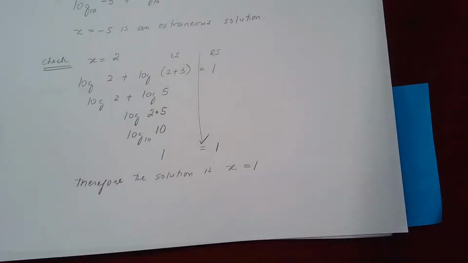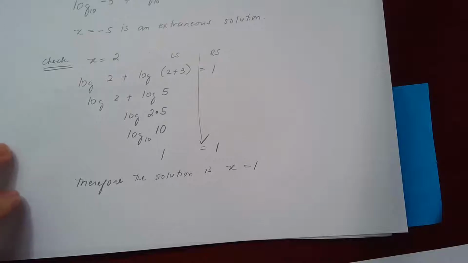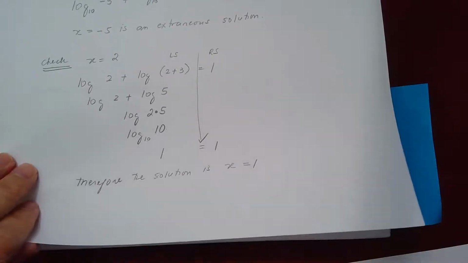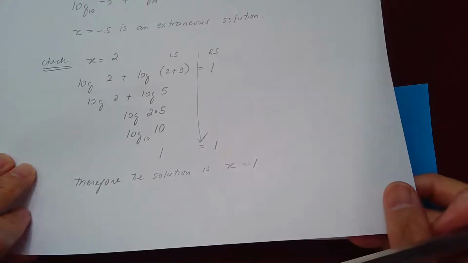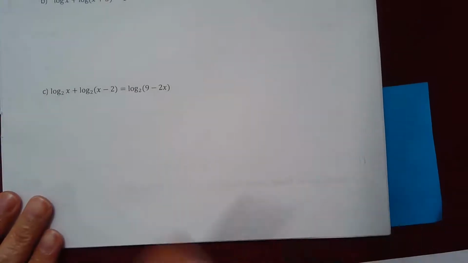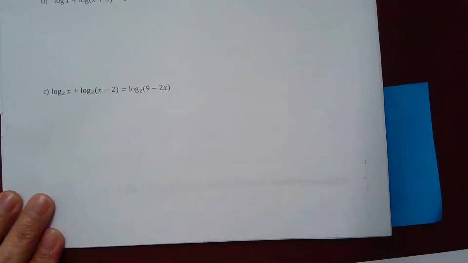Okay, so we did example number 1, letter A and letter B. So we're going to go to example C. Okay, so just remove this. So this is what we are doing right now.